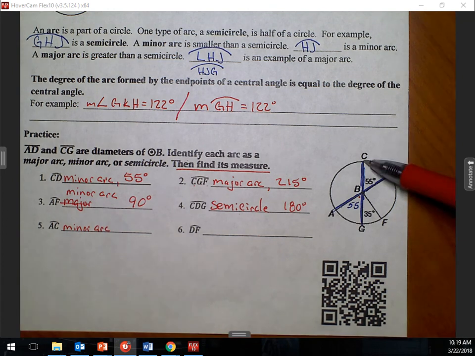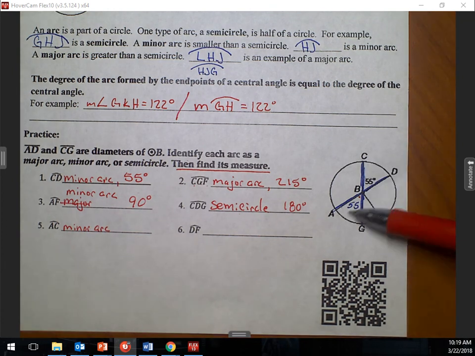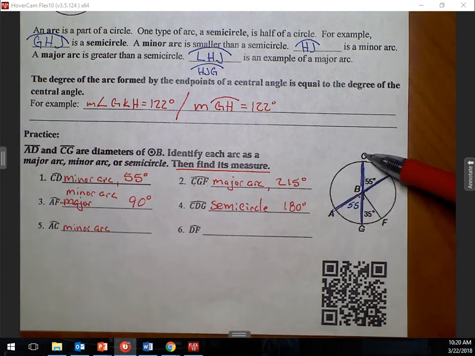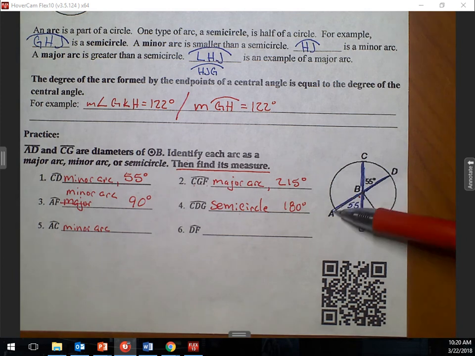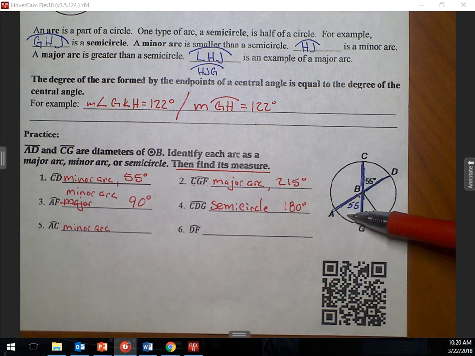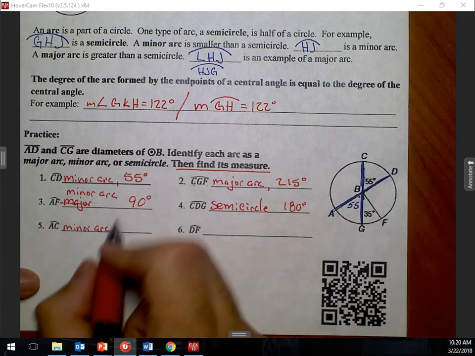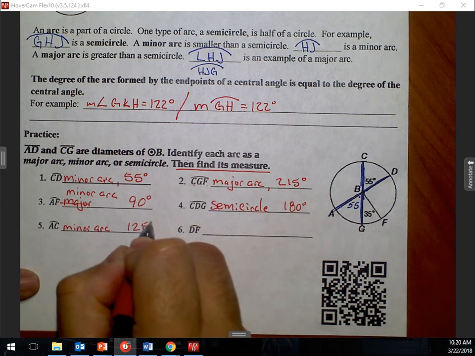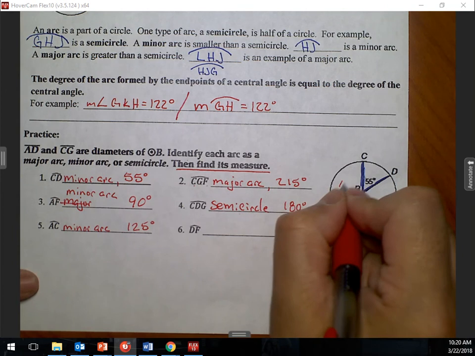All right, from right here, I know that C to G is 180, right? But if I only want to find this little piece, what would I do? Subtract, very good. So it's going to be 180 minus 55, which is what? 125 degrees.